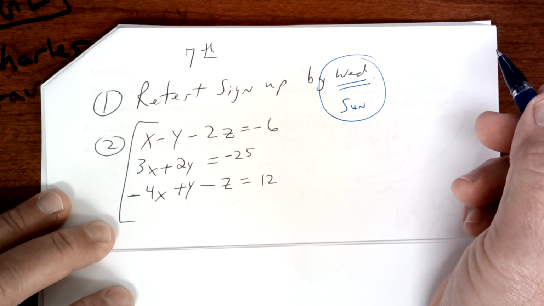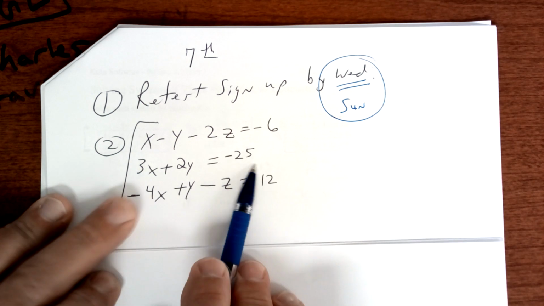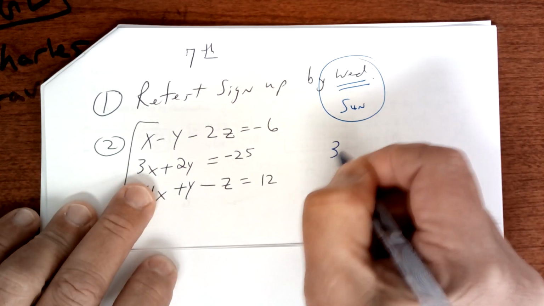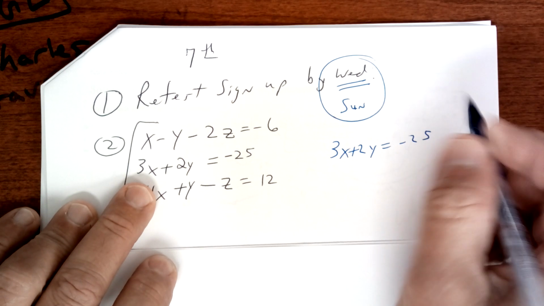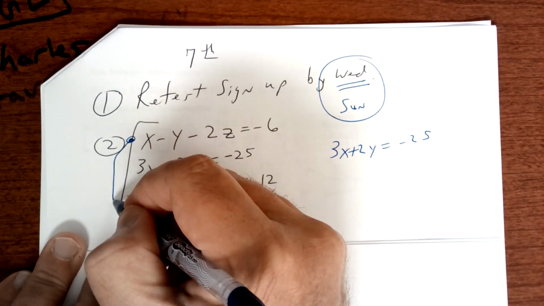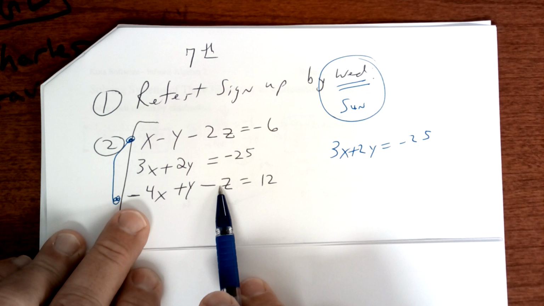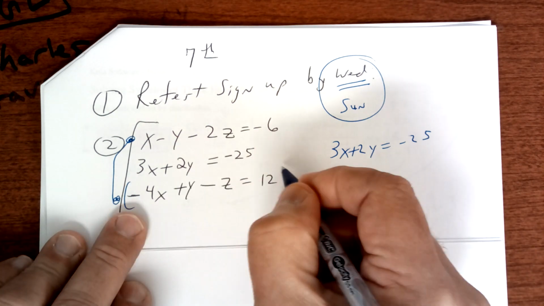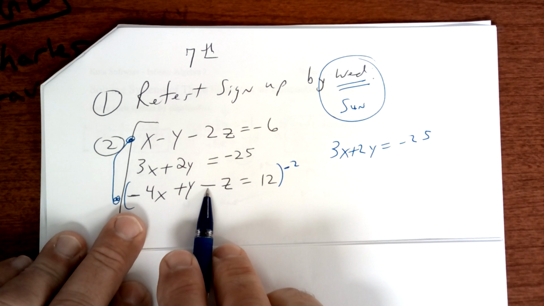All right, so let's take a look here. This one right here already has the z missing, so I'm going to put that one to the side. What I'm going to do is take the first one and the last one and get rid of my z. So I'm going to multiply this one by a negative 2, because I want a positive 2, so that cancels.